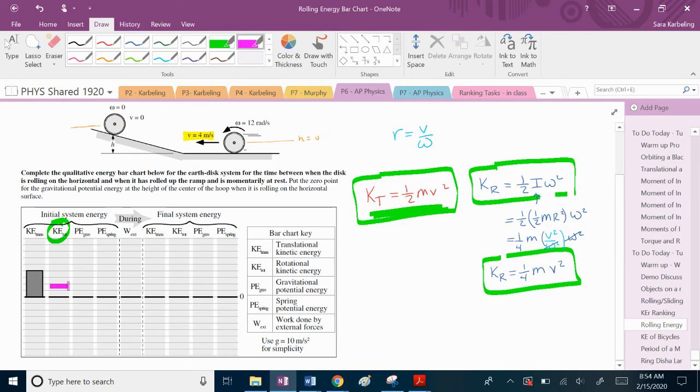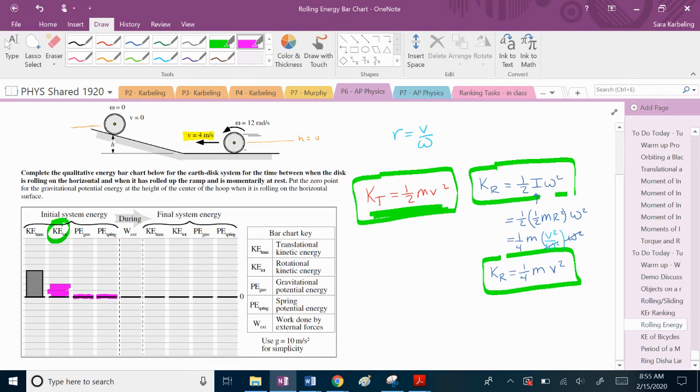So I'm going to go ahead and draw it, because the translational was 4 bars big, that means rotational is going to be 2 bars big. Now, if we take a look here at the beginning, we know that gravitational potential energy is at 0 because it is at h equals 0, and there is no spring.